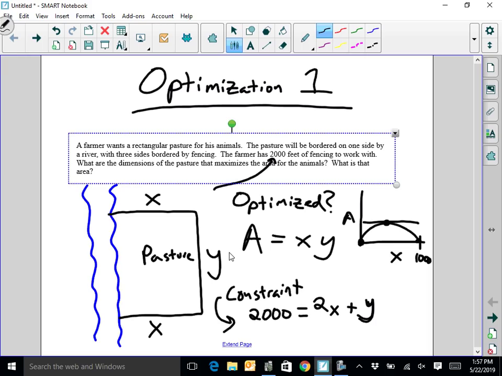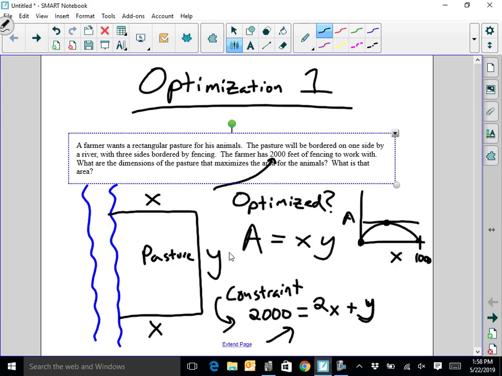So what I want to do now is solve this constraint for either x or y, and then sub out x or y in my equation. Now, sometimes it doesn't matter. Sometimes there's definitely an easier way to do it. When I look at my area equation, I just have x times y, so neither one is particularly more difficult to sub for there.